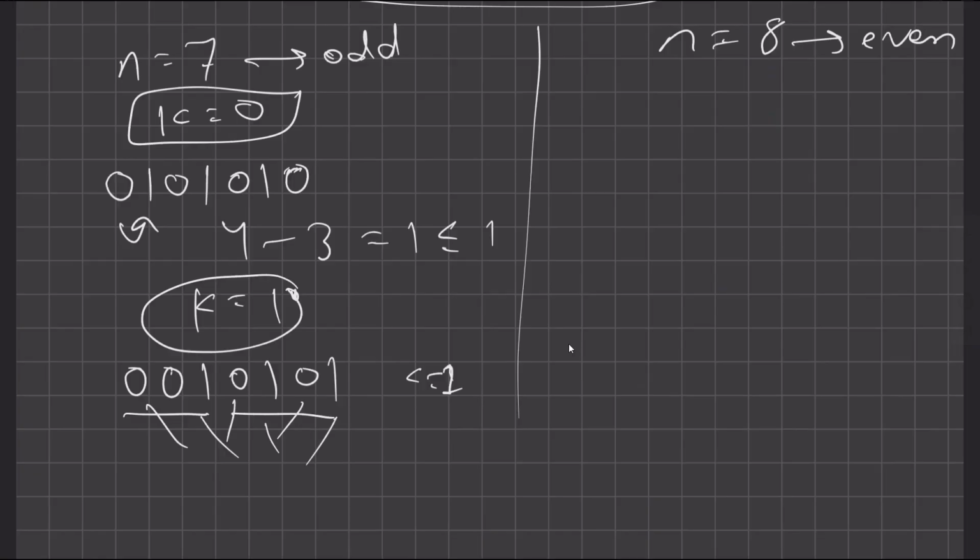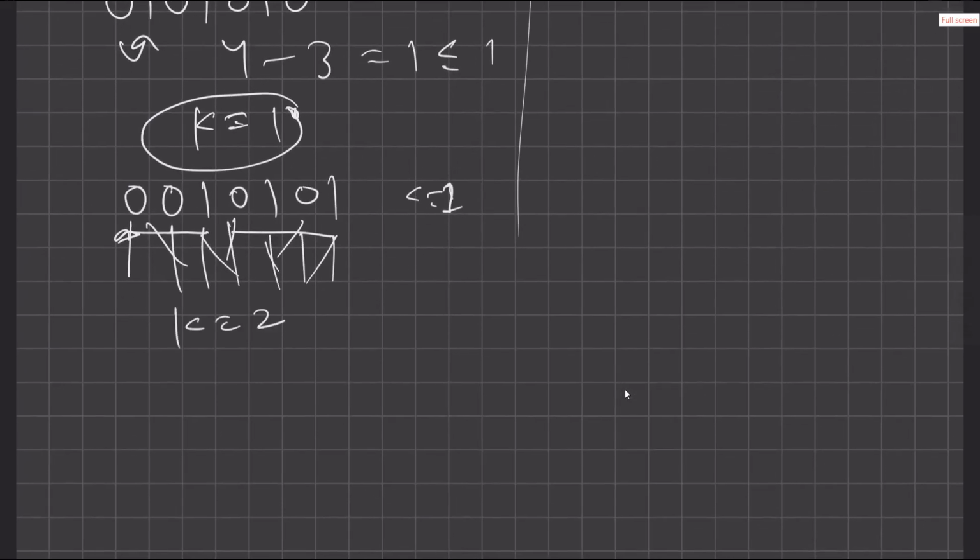And k is 1, meaning we need just one adjacent pair having equal. So this is the one index wherein we have next element equal. If you see all other indices, they don't have next element as equal.